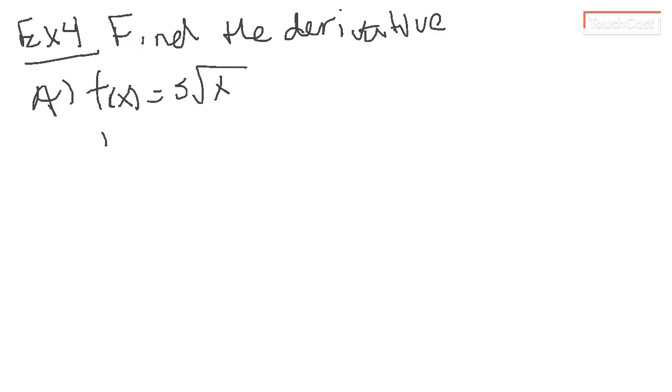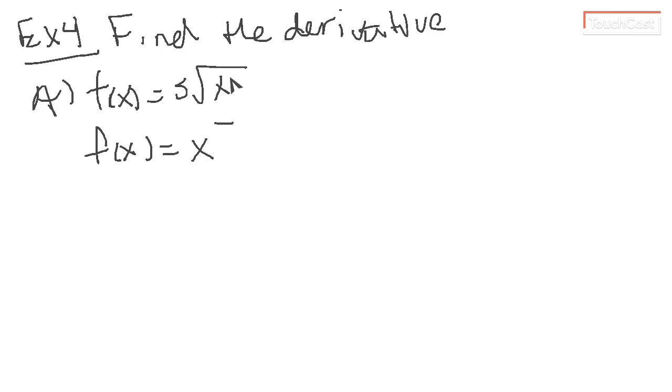So f of x, instead of writing it as the cube root of x, what we can do is we can write it as x, and then the power, what's going to happen is it's going to be a fraction, where the numerator is whatever power is on the x originally, and the original power on x is a 1.